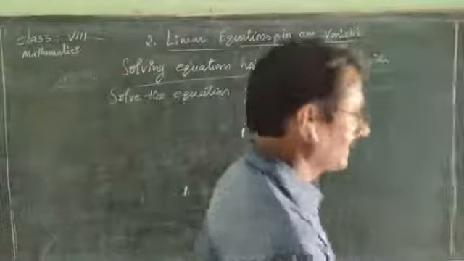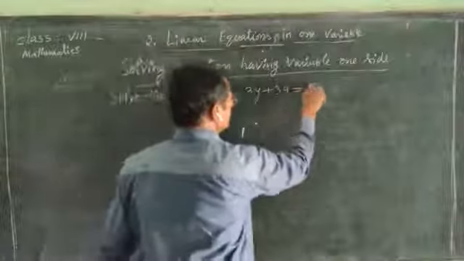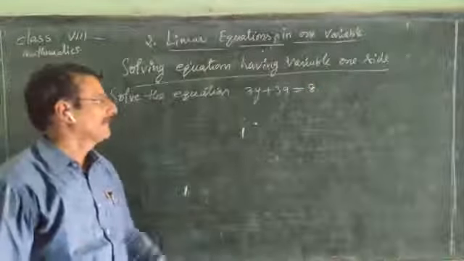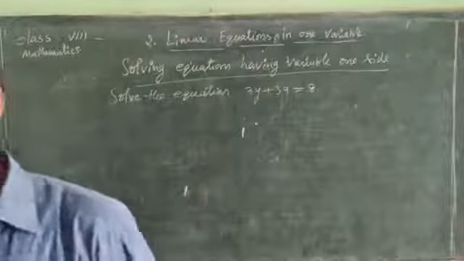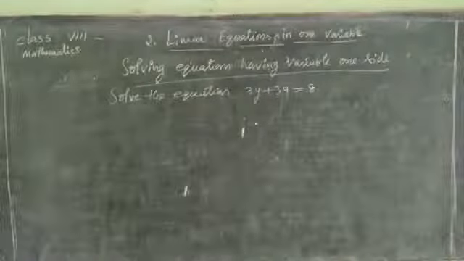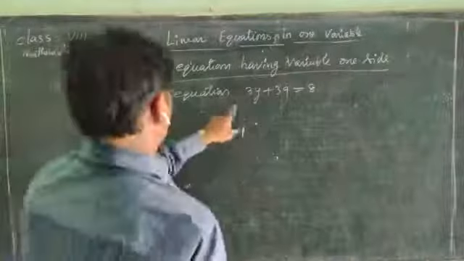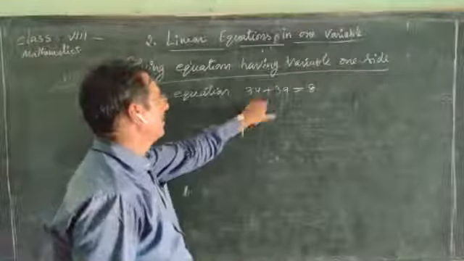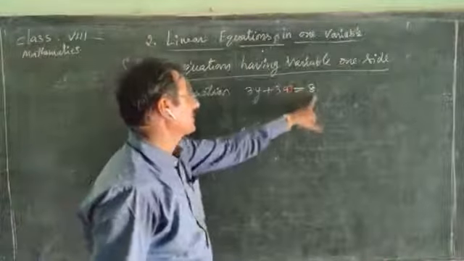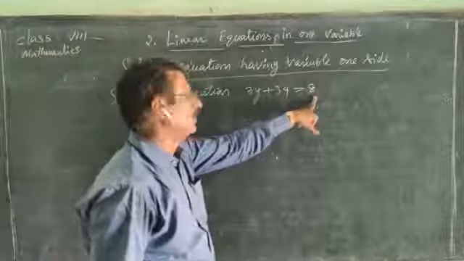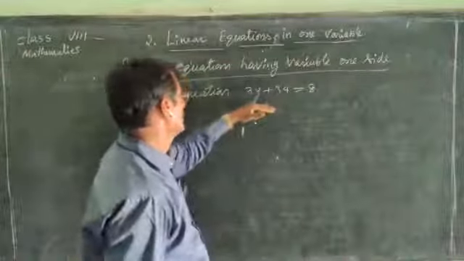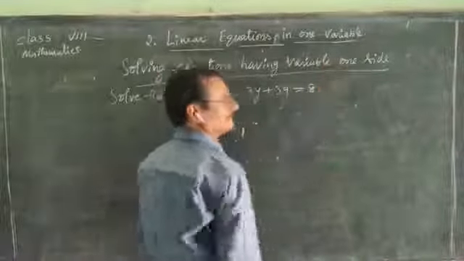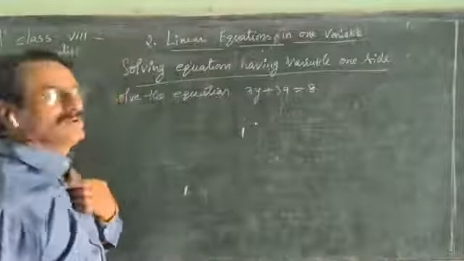As you observe this equation, in this equation we notice the variable y on only one side. You observe the right side, are there any variables? No. So this type of equation is called an equation having the variable on one side.